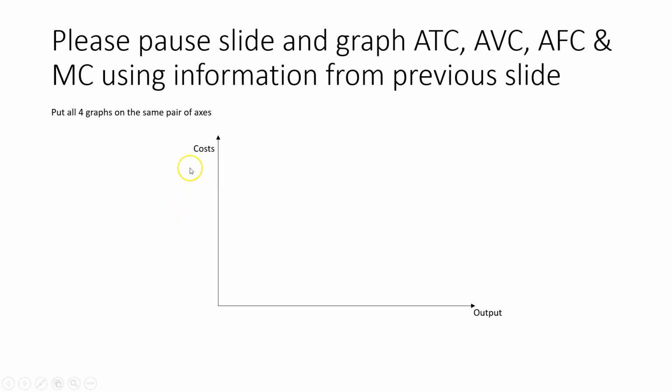You're going to be putting the costs on the vertical axis and output along the horizontal axis, right? At first, you're going to be measuring average total cost here. At the first, which is 10 units, your average total cost is 2.5. The next is, I think, 25 units. And you keep doing that.